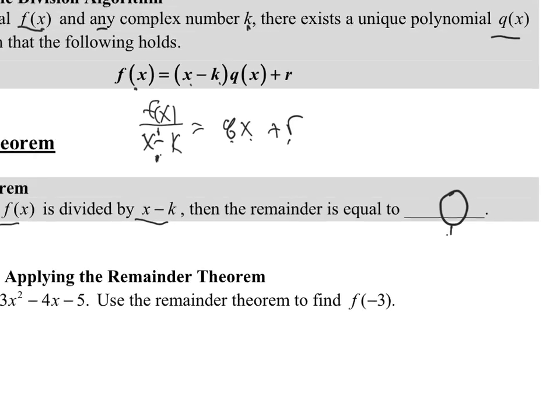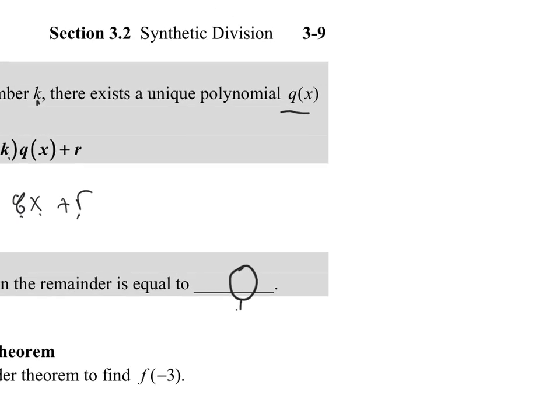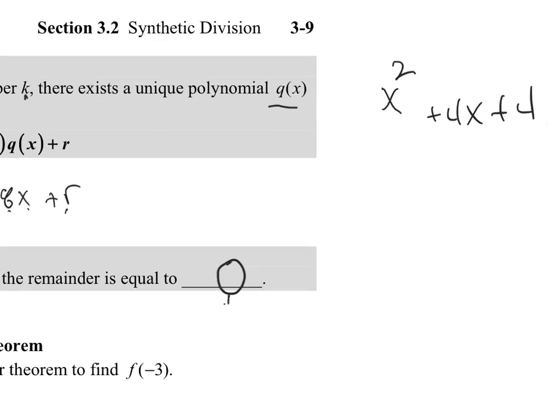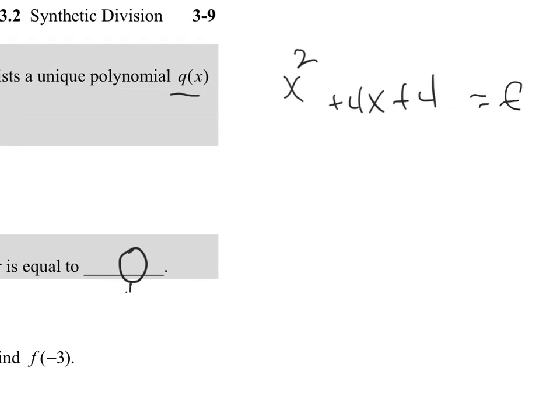I'm going to try to do an example with you. Let's see. x squared plus 4x plus 4. I'm going to call that f of x. And I'm going to divide that by x plus 2, so my g of x will be x plus 2.